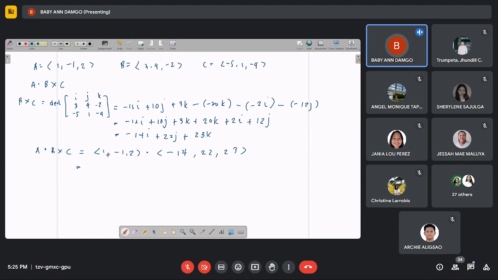By the dot product, this is 1 times negative 14 plus negative 1 times 22 plus 2 times 23. This is negative 14 minus 22 plus 46. So this is 10. Okay, question?